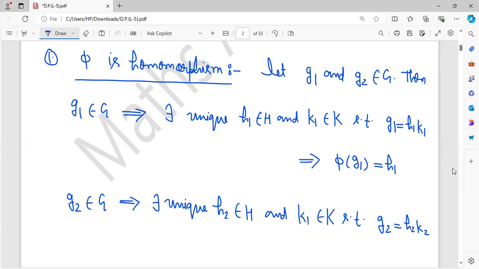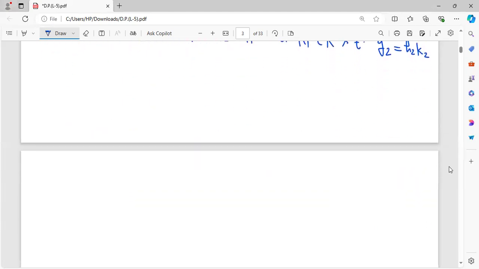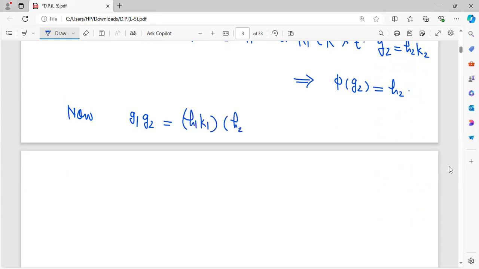So this implies phi of g2 is equal to h2. Now, what is g1 g2? g1 g2 is nothing but h1 k1 h2 k2.